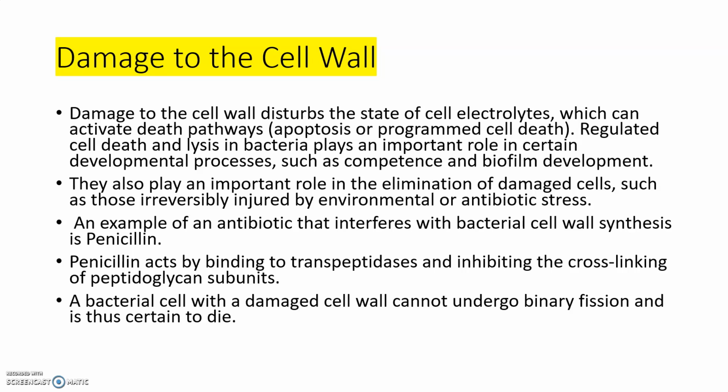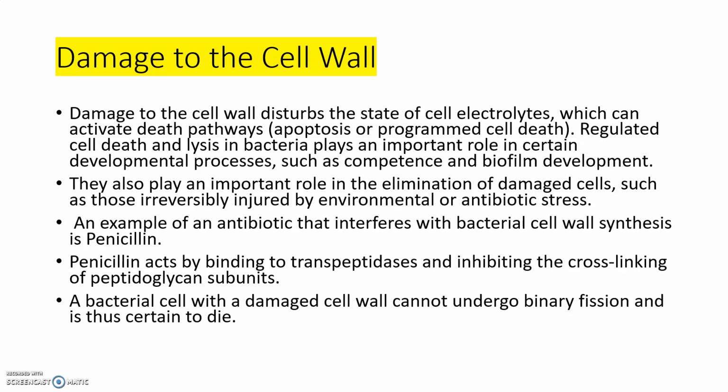They also play an important role in the elimination of damaged cells, such as those irreversibly injured by environmental or antibiotic stress. An example of an antibiotic that interferes with bacterial cell wall synthesis is penicillin.